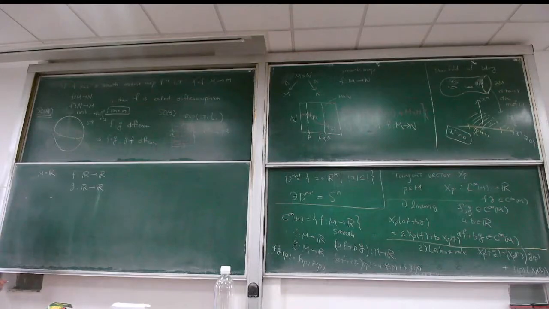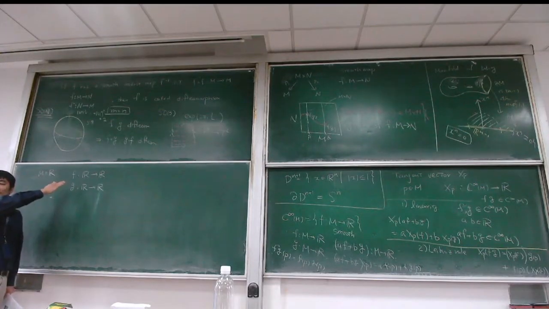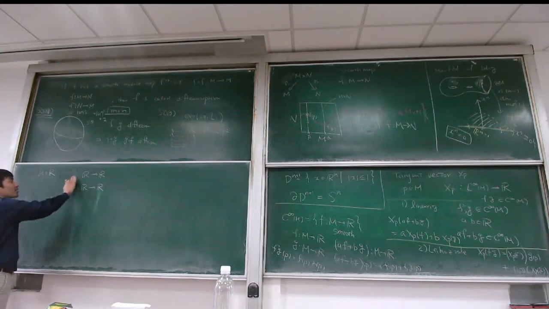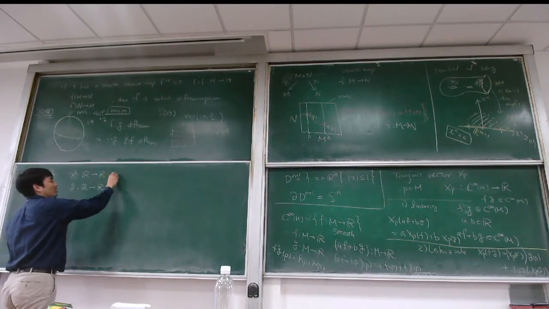Let's take some examples. What kind of function do you want to consider? Just give me some function from R to R. Okay, let's consider x squared, which means that x goes to x squared.